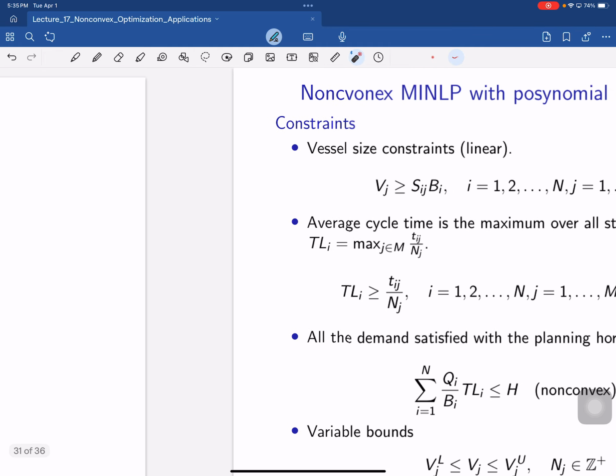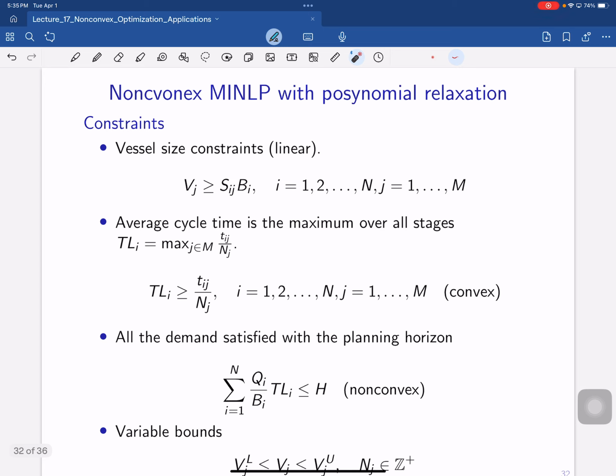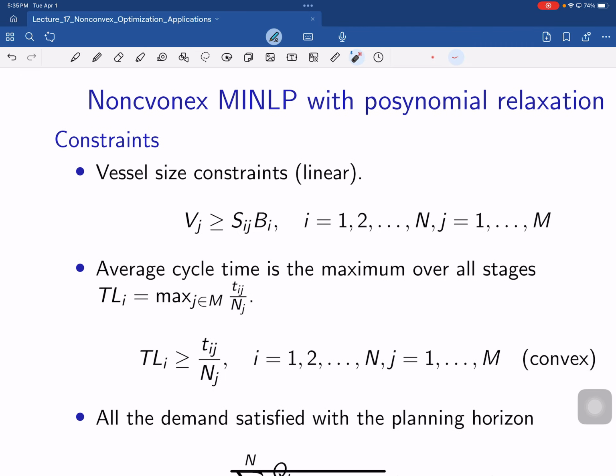Okay. Now, let's talk a bit about the constraints, right? So the objective is non-convex. Let's see how the constraints look. We have this vessel size constraint. Remember, Sij is a size factor, right? If you have a given vessel size, what will be the amount of product you can produce?